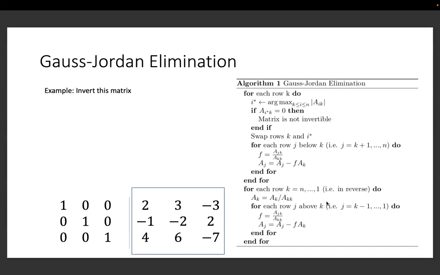So we just need to keep in mind that the first loop is for making sure that the numbers below the diagonal are going to be 0, and then the second for loop is changing the diagonal elements to 1, and then making sure that the elements above the diagonal are 0.